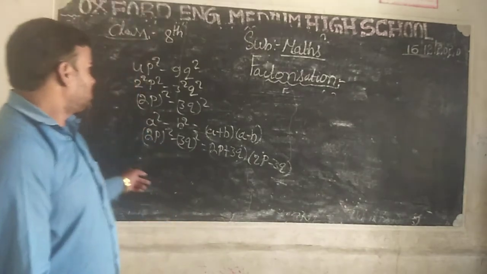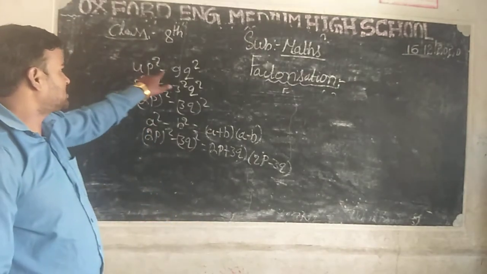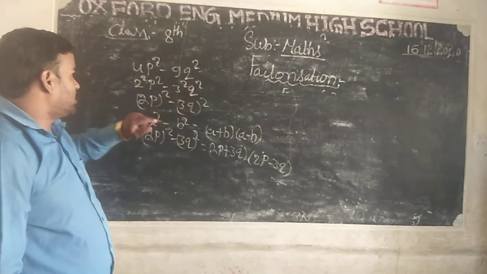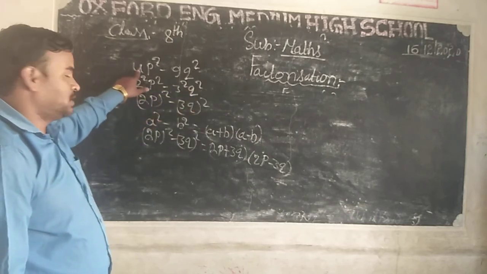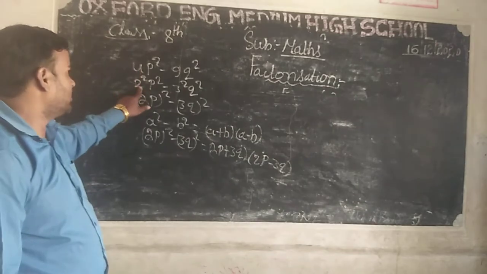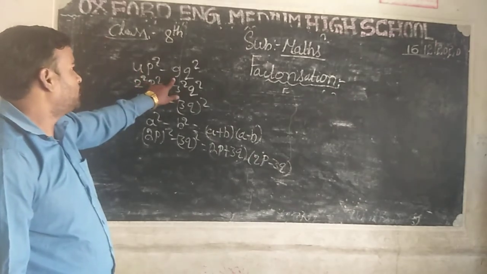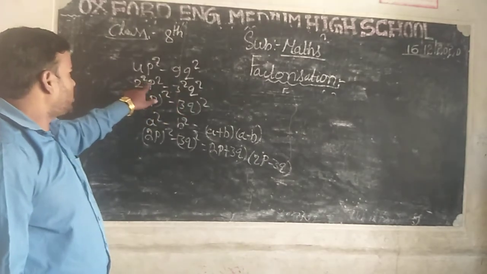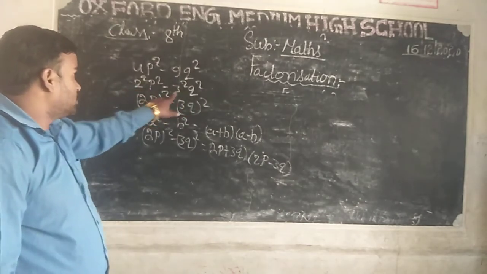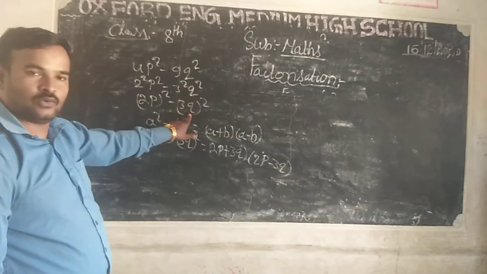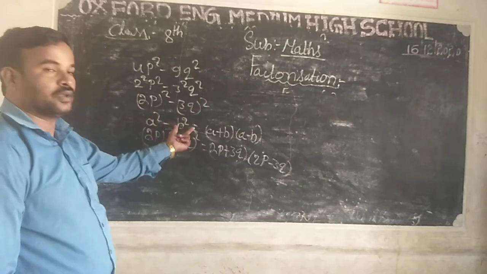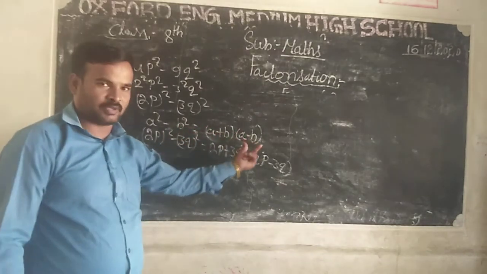Understand? So once again you listen. 4p square minus 9q square is 2p whole square minus 3q whole square, because the exponential form of 4 is 2 square and of 9 is 3 square. So 2 square p square is nothing but 2p whole square, and 3 square q square is nothing but 3q whole square. This is in the form of the identity a square minus b square, whose answer is a plus b into a minus b.